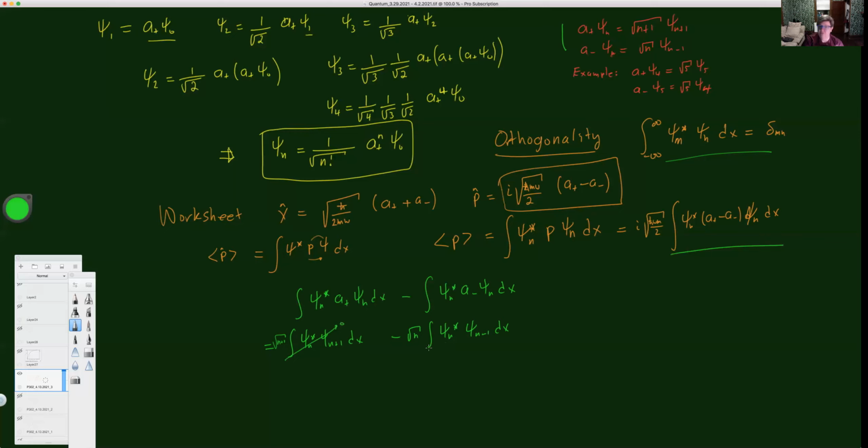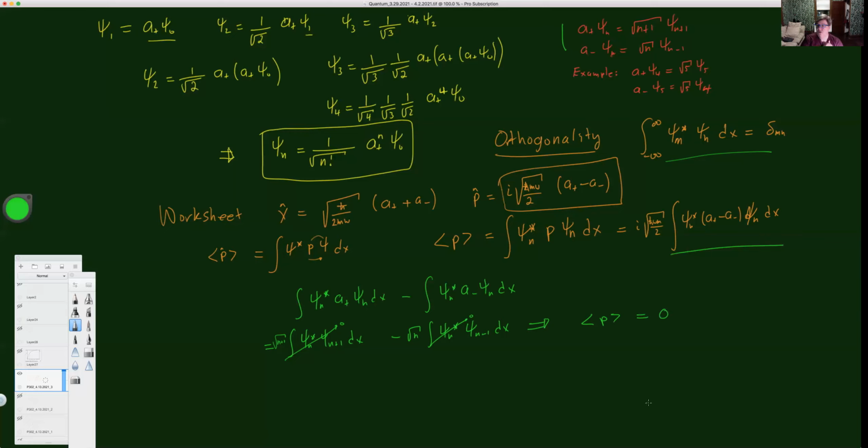If n was 4 again, this would be square root of 4, and this would be psi 4 star psi 3 dx. Again, by these rules, m is 4, n is 3, and this integral is 0. And so the entire answer for the expectation value of p for the nth state in the harmonic oscillator is 0.